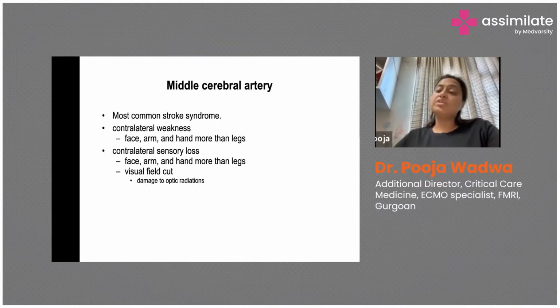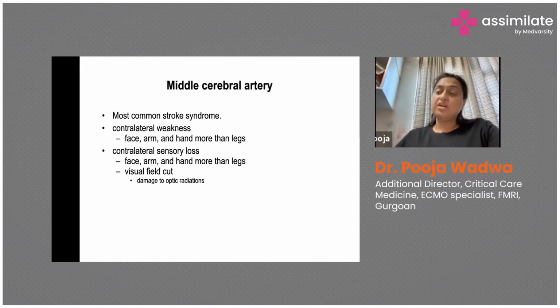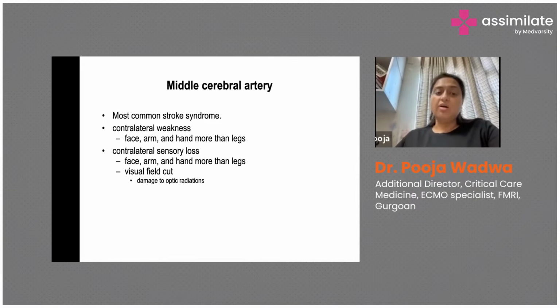Now, most common is the MCA, which is the middle cerebral artery. It causes the most common stroke syndrome. So when the middle cerebral artery is blocked, there will be contralateral motor deficit because these fibers decussate. So the opposite side from where the stroke has occurred in the brain, arm, face, and legs will be involved.